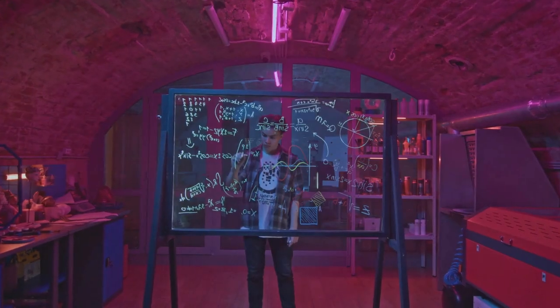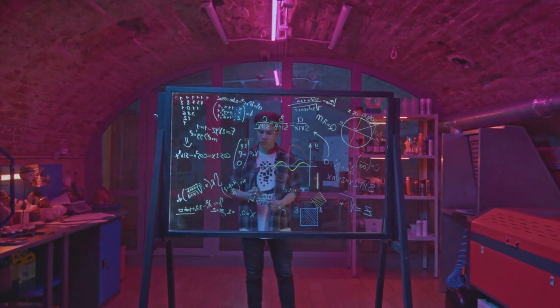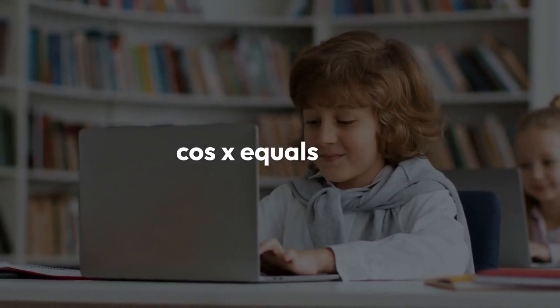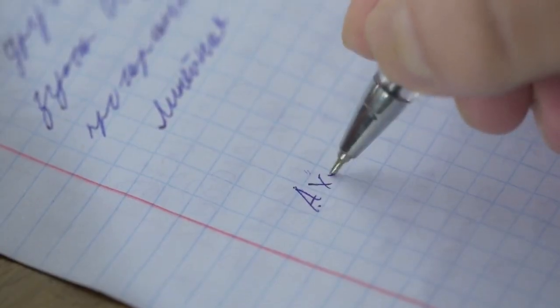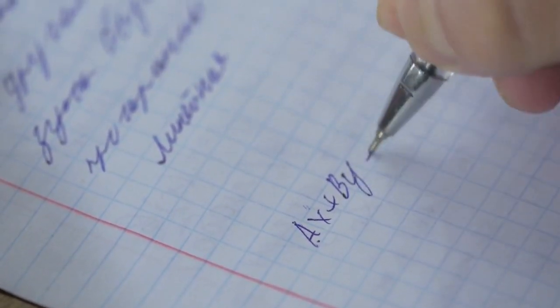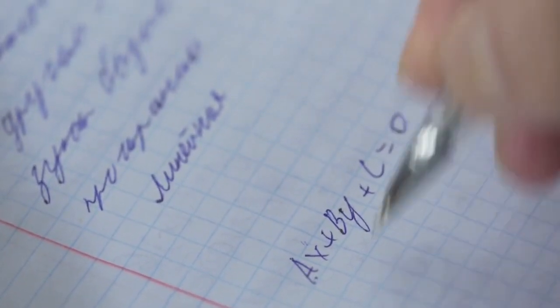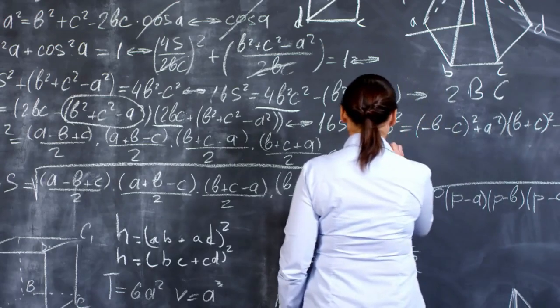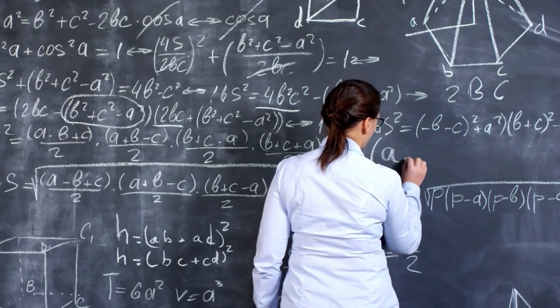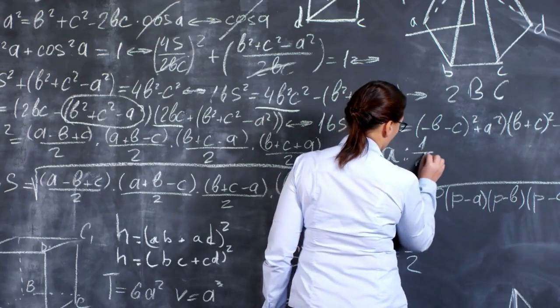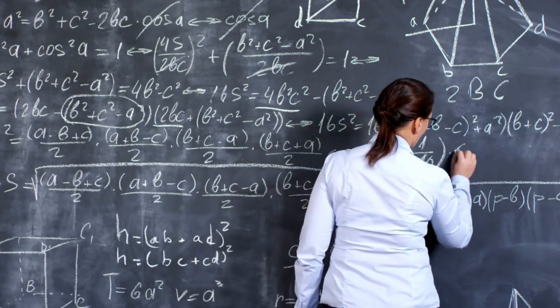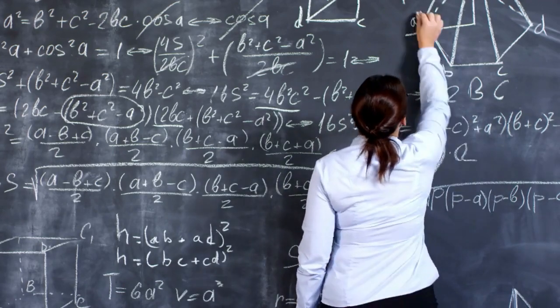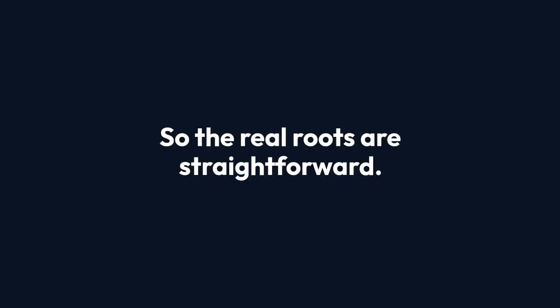Looking at this plot, we'd see that f(x) is 0 whenever cos x equals 0. This happens at x equals π/2, 3π/2, and so on. The cosh² x part never becomes 0 for real x because cosh x is always greater than or equal to 1. So, the real roots are straightforward.